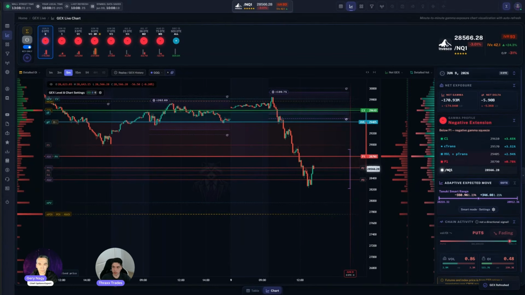I need some context. After I do that, I take a look at the Tanuki platform, and I want to get an understanding of what type of environment we are currently in. I look at the distribution of gamma and GEX. I see whether we are in a positive gamma environment or a negative gamma environment.